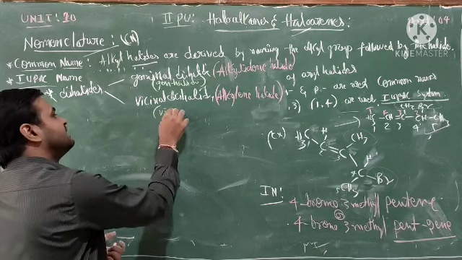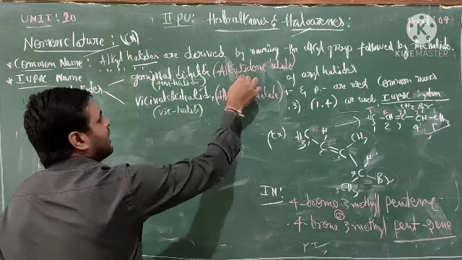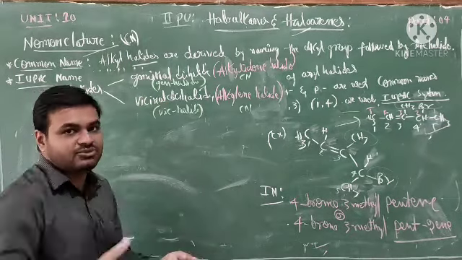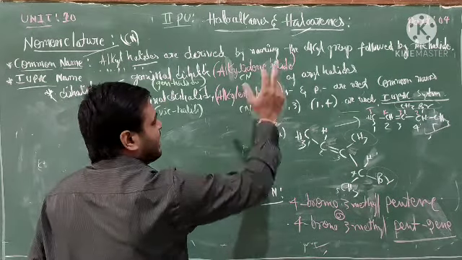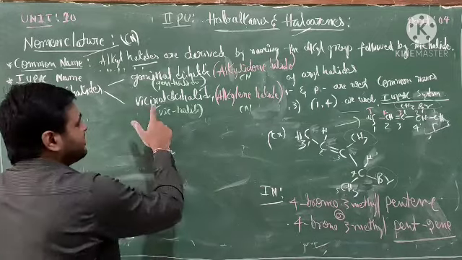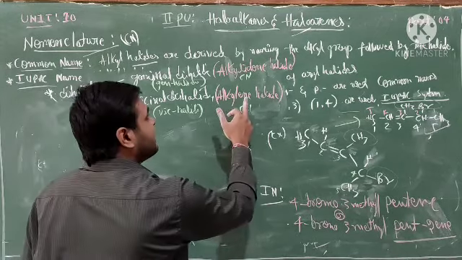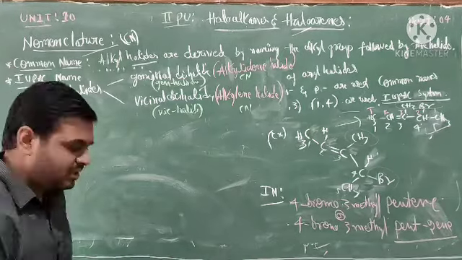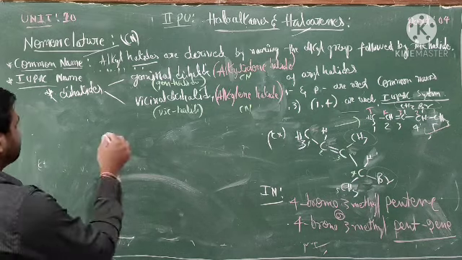Say the common names. For geminal dihalides we write the common name as alkylidene halide. For vicinal dihalides the common name is alkylene halide. Right? That is the definition of geminal and vicinal.